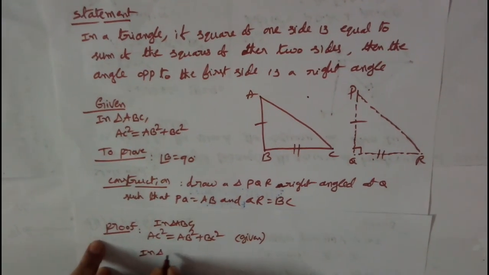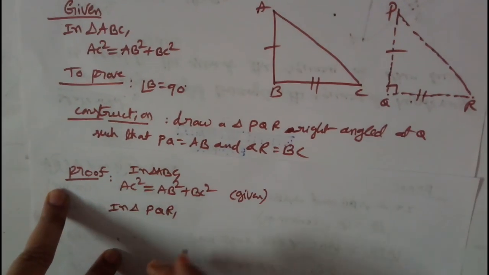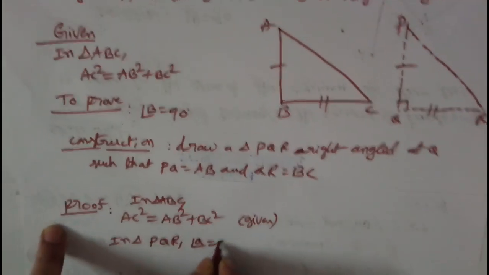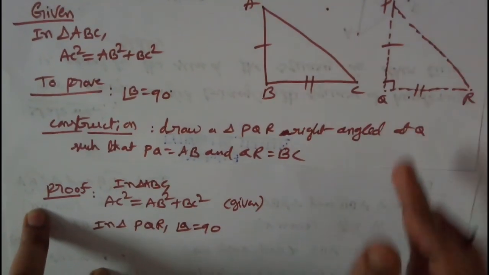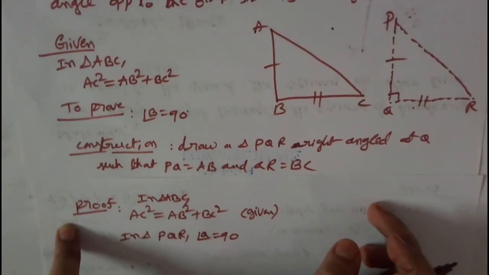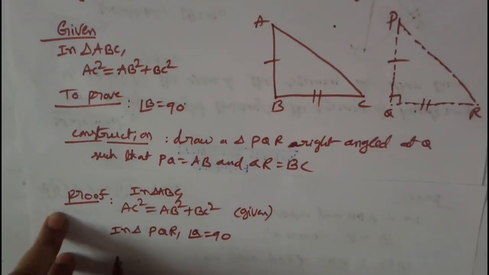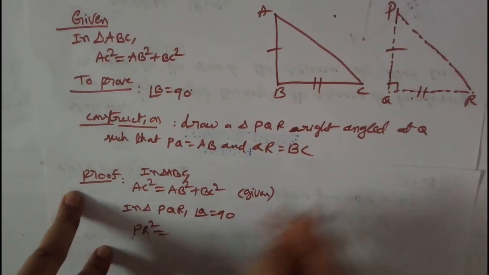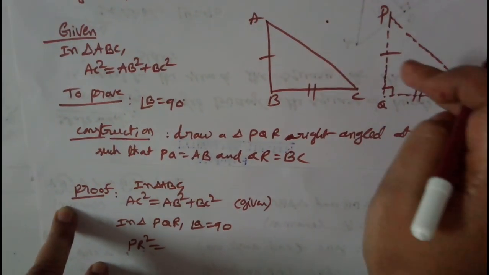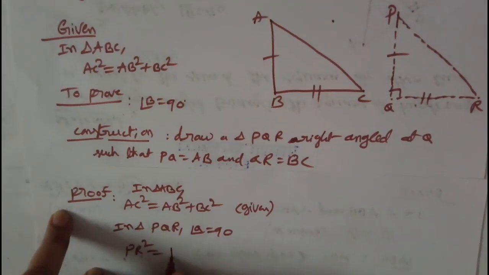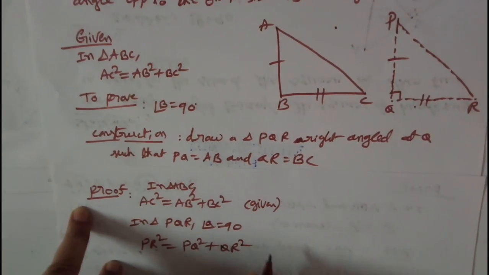In triangle PQR, angle Q is 90, our construction. Angle Q 90 means this is a right angle triangle. We can apply the Pythagoras theorem. If we apply the Pythagoras theorem in this triangle PQR, what will you get? PR square, the hypotenuse square, is equal to the sum of the squares of the other two sides. So PR square is equal to PQ square plus QR square.